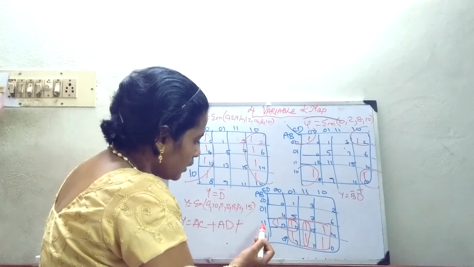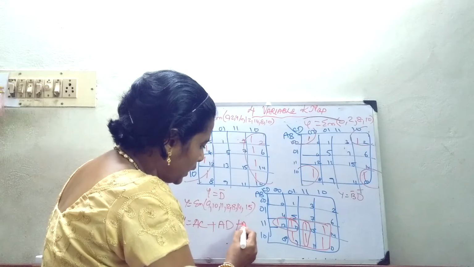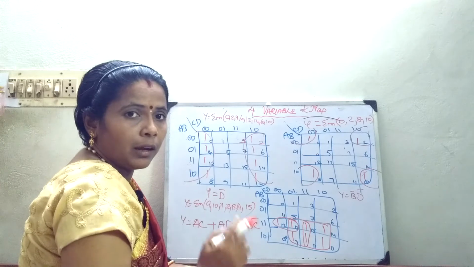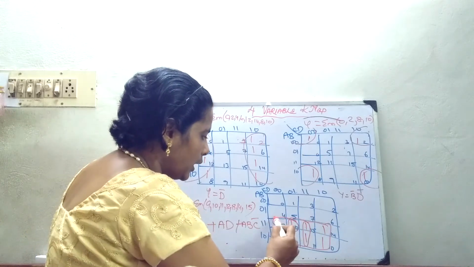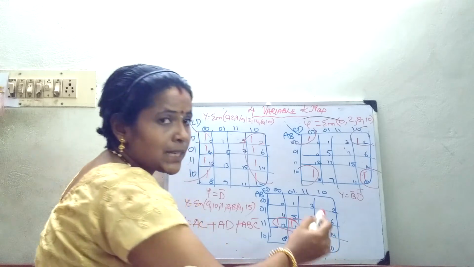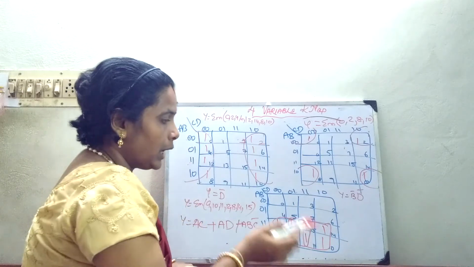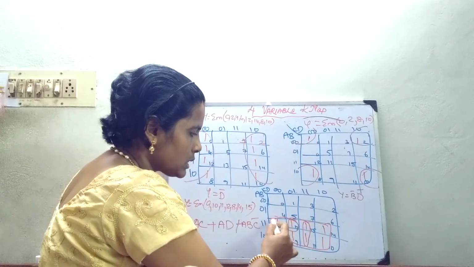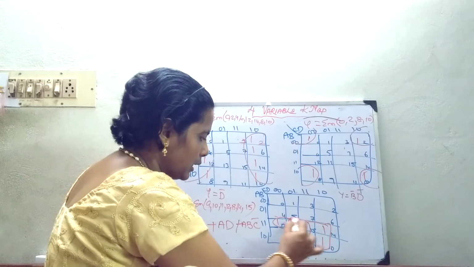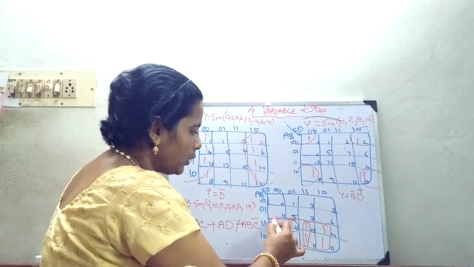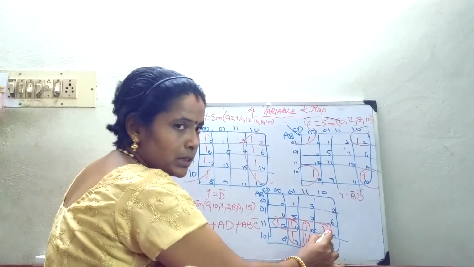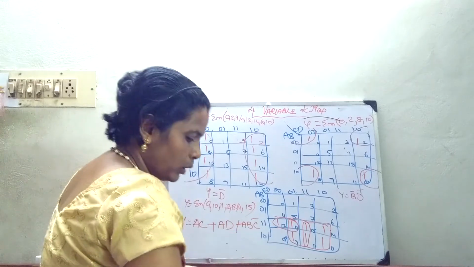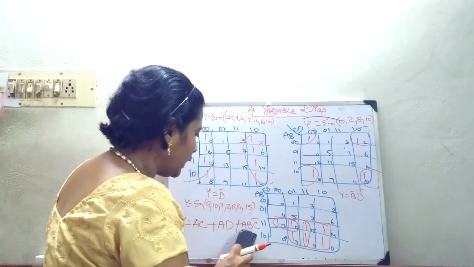It lies in this row. So A, B. Here I am having C bar. Okay. Now, in this case, what is the advantage? Here, a single 4 cell grouping again is not required. If I consider this, I am sorry, in this case I can go for my 4 cell grouping also, because this will yield a better result. So what will be the expression for this? Here I am having 3 variables.